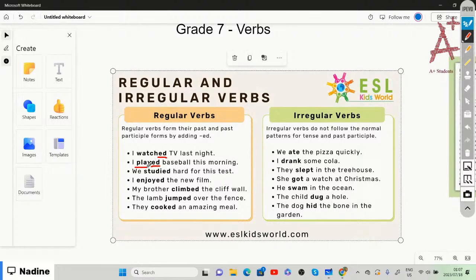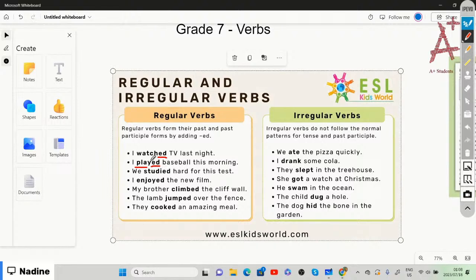But played, where we added an ed, shows the past tense. So as you can see with regular verbs, it's basically where just an ed is added to our verb, and then it shows that the verb is in the past tense.